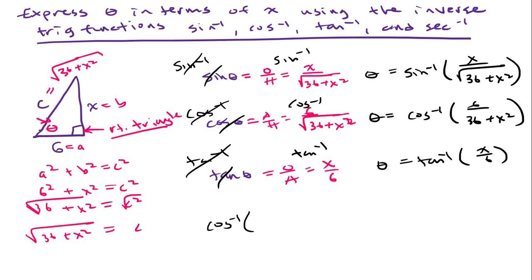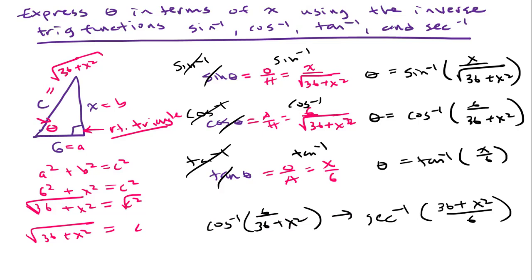So inverse cosine of 6 over the square root of 36 plus x squared. All right, so the inverse secant is just going to be the opposite of this. So that would be the square root of 36 plus x squared over 6.